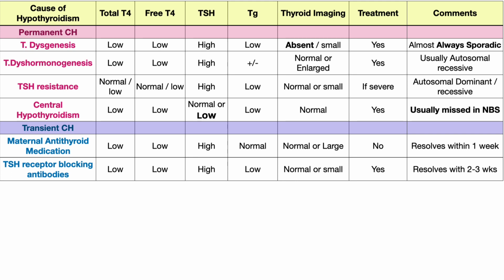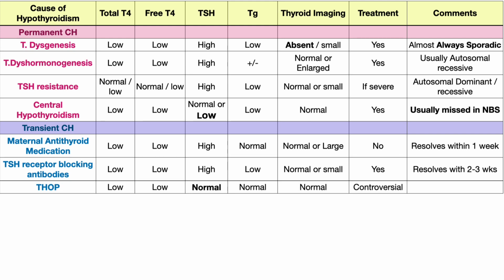And this may require treatment because, as we studied, this may persist up to 2 to 3 months. The THOP, that is transient hypothyroxinemia of prematurity: in this the T4 will be low, the TSH will be normal. It is important to note that TSH will be normal, TG will be normal, and thyroid imaging will also be normal. Hence it is controversial for the treatment.